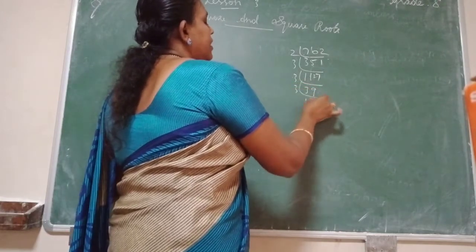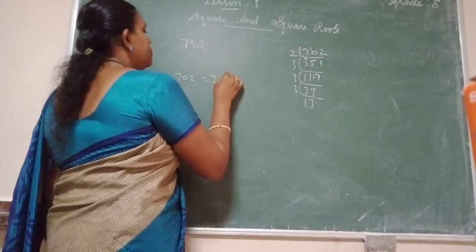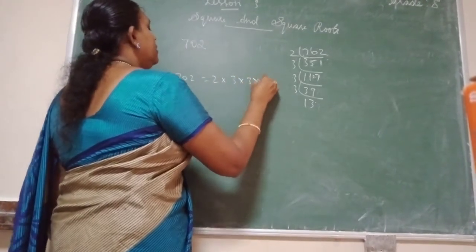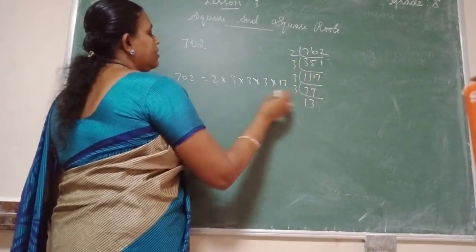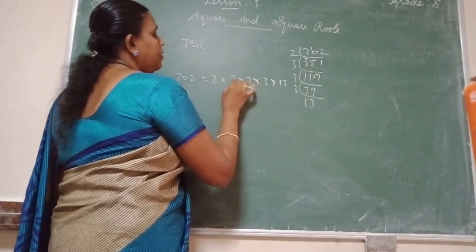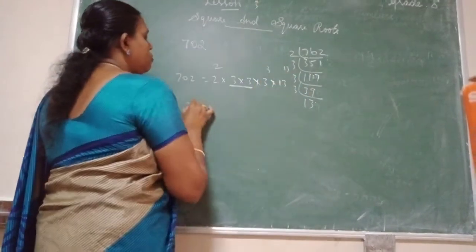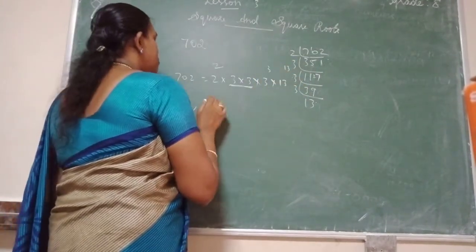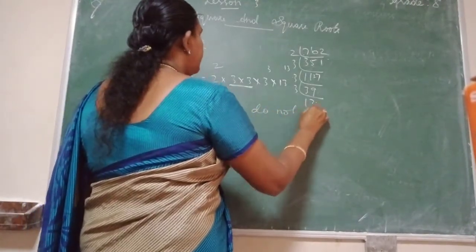Again the third table: 1 three is 3, 13. Okay, so 702 can be written as 2 into 3 into 3 into 3 into 13. So I have one 2, one 3, one 3 paired. 2, 3 and 13 do not have a pair.